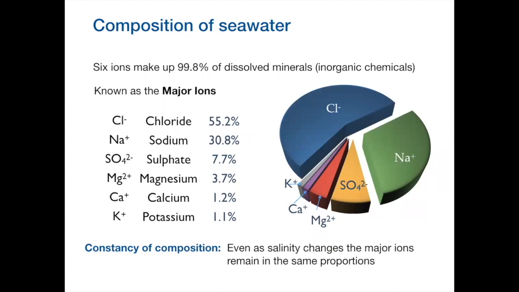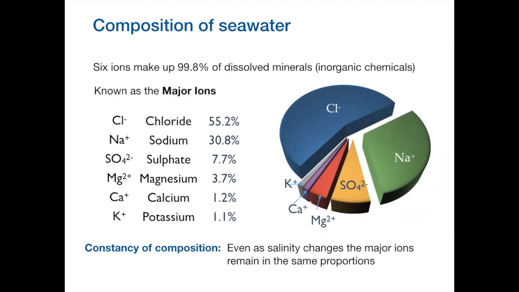You can see in the pie chart here, the breakdown by weight. So we have the largest percentage is chlorine, then sodium, and then smaller amounts, less than 10% for sulfate, magnesium, calcium and potassium.